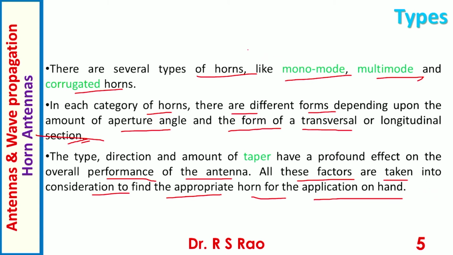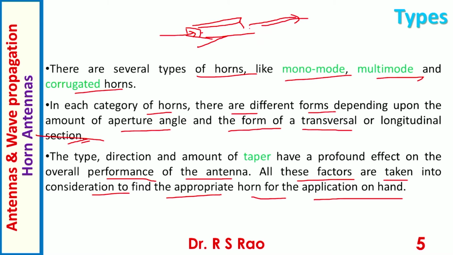Regarding functioning of horn antennas, it can be explained in a simple way. Consider a waveguide, rectangular waveguide like this. When it is fed here on one side, the wave travels through the waveguide and comes out from the other end, moves into free space. But there is a problem.